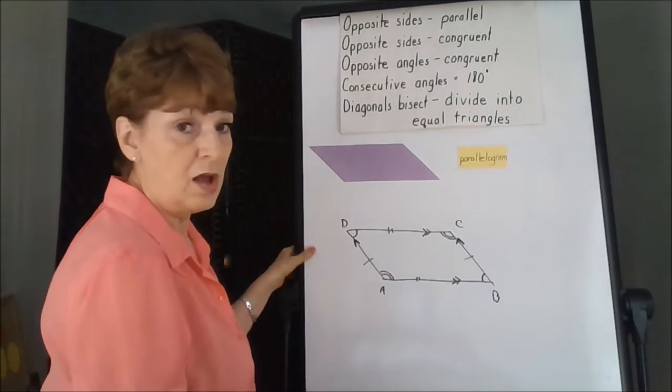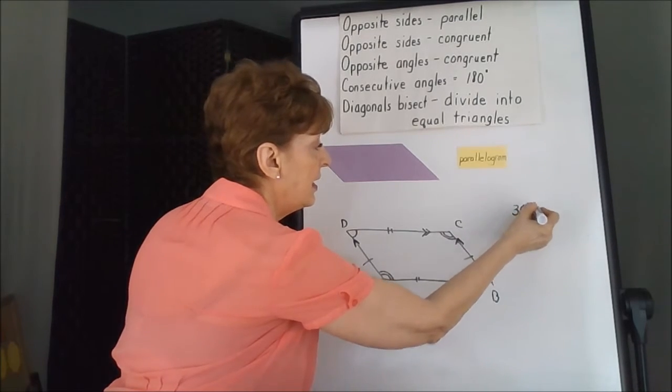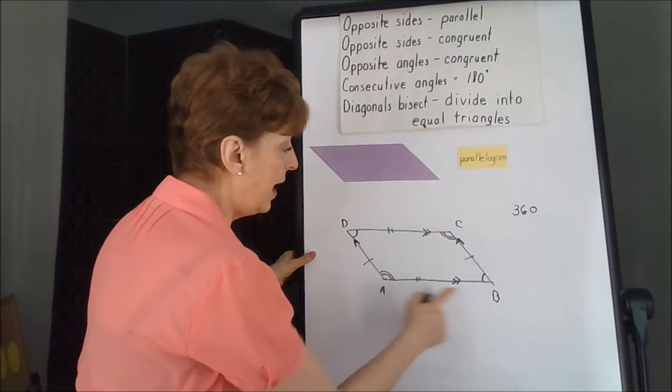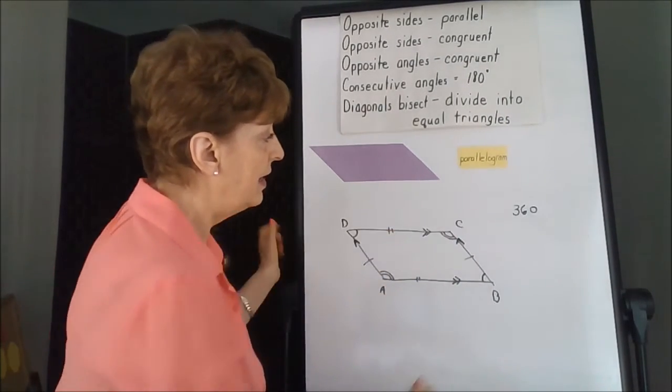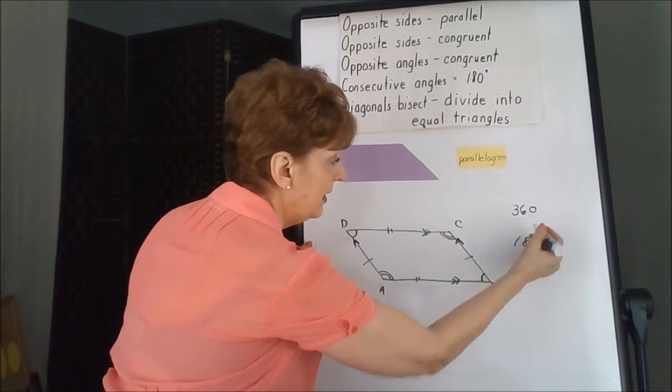Parallelogram, all quadrilaterals measure 360 degrees in the interior angles. So if I just took 2 angles that were side by side, I would have half of that. And half of 360 is 180.